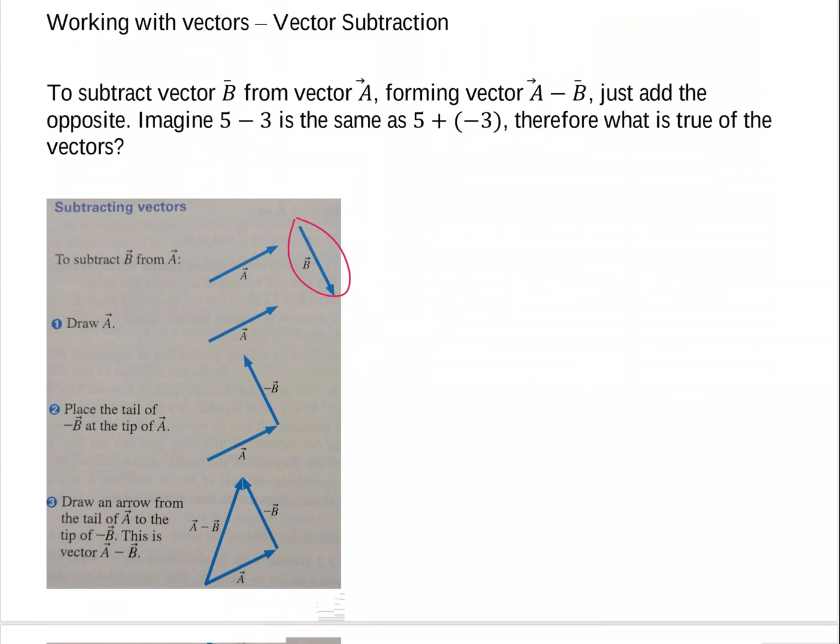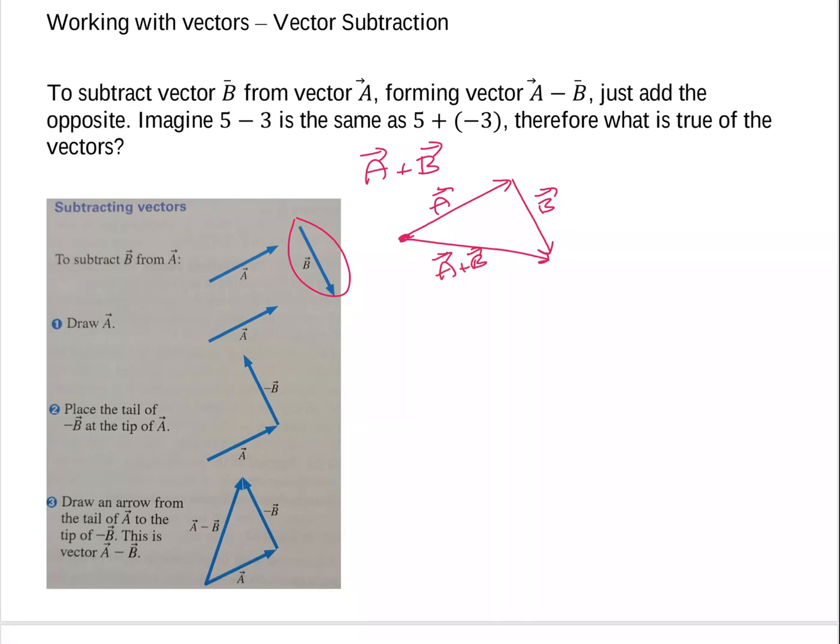Now if I just wanted to add A plus B, just as an example, well, here's vector A, so I'm going to duplicate it over here. And then here's vector B, so I'm going to duplicate it over here. So what's the sum? Well, I start at where I started with vector A, and I go to where I finished with vector B. Here's A plus B.